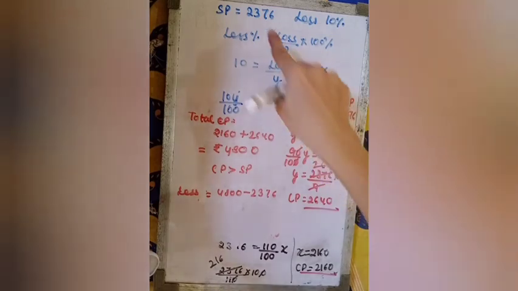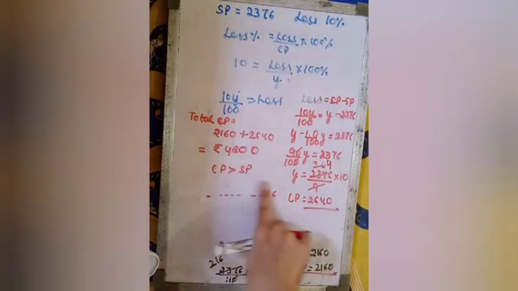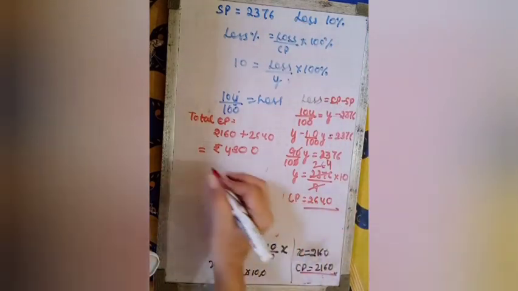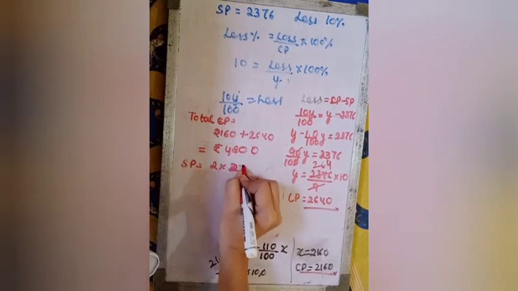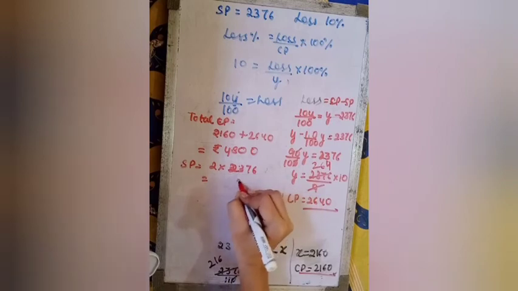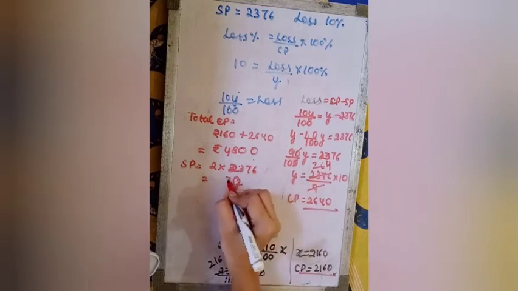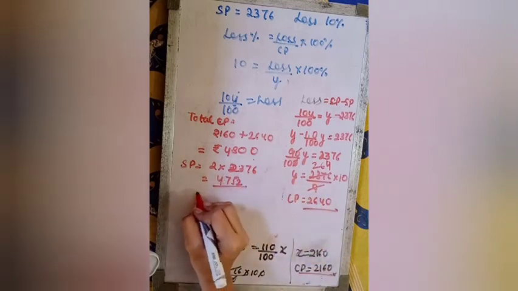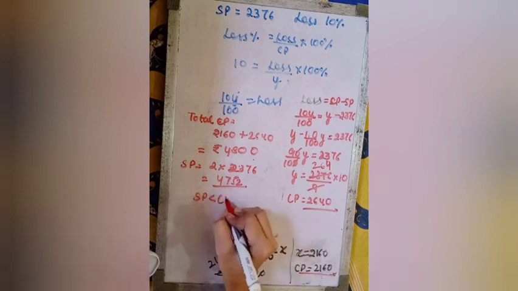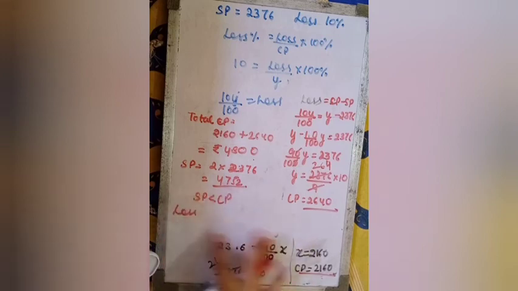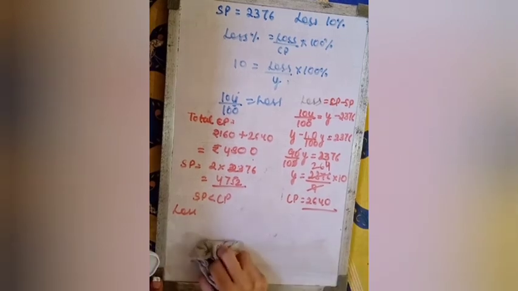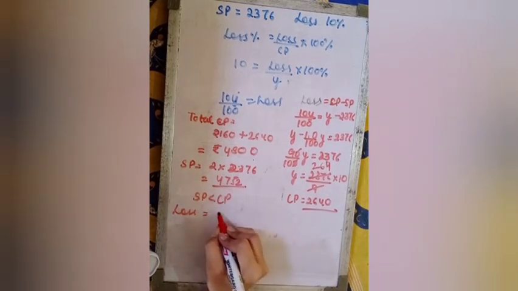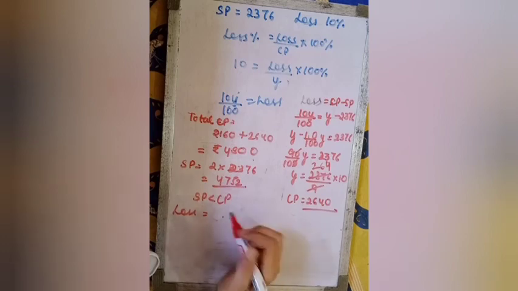Sorry, this is the SP of one cycle. So SP of two cycles will be 2 into 2376. 2 6 are 12, 2 7 are 14, 2 3 are 6, 1 7, 2 2 4. Now SP is still less than CP, so the loss equals CP minus SP.